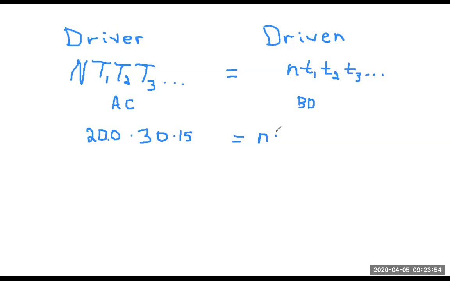And then we had 45 teeth on B, and we had 60 teeth on D. And there's our equation. So let's divide both sides by 45 times 60. That leaves the n there, and this comes in over here. This is a quick calculation to be able to do.